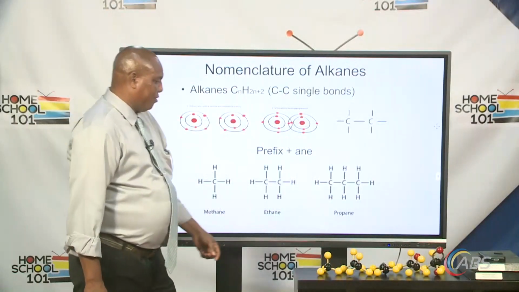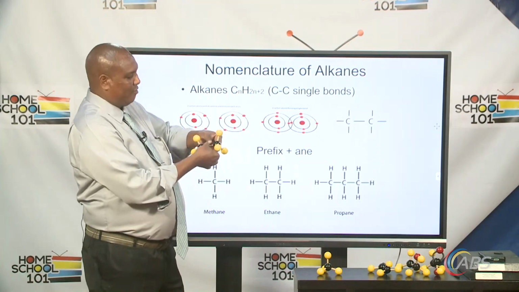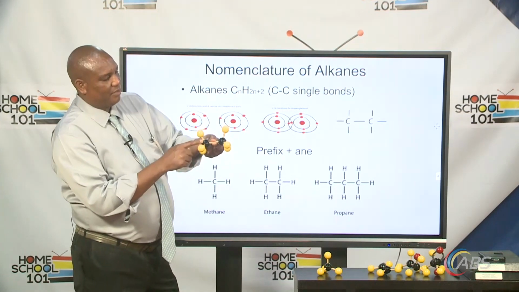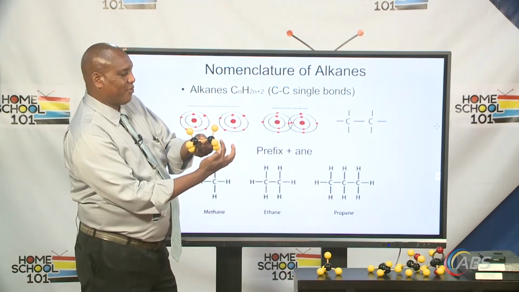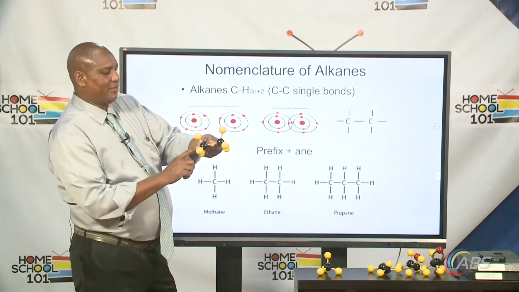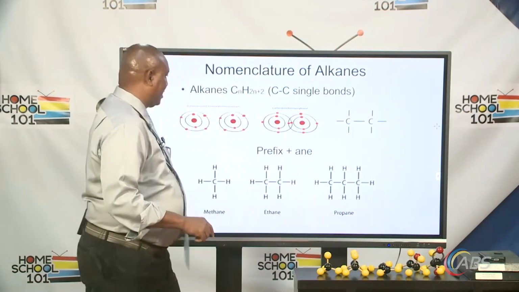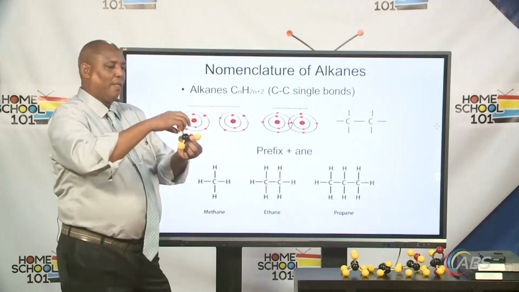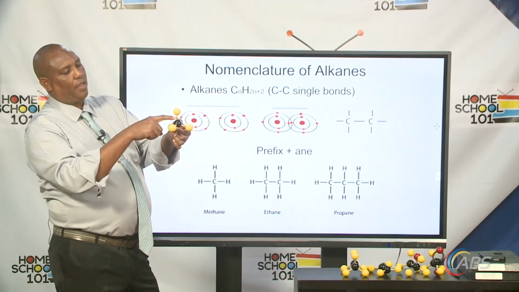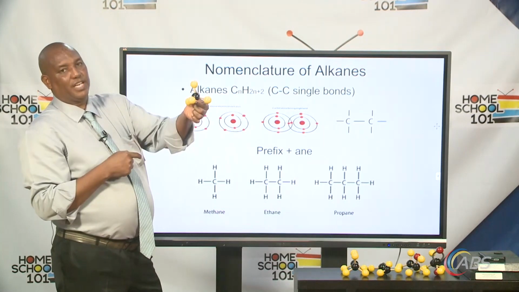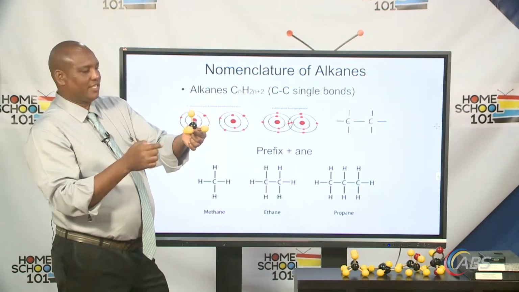If we were to actually show what it looks like, here we have 1 carbon, 2 carbons, and here we have those 3 sticks which represent the electrons, and in this case we have hydrogens attached to them. We're coming back to that in just a little bit. If we look at 1 carbon, each one of those 4 electrons in that shell can accommodate 4 bonds, in this case hydrogens.